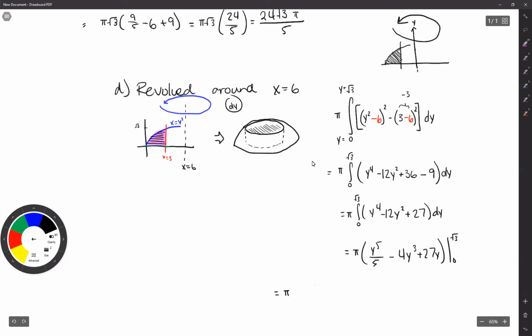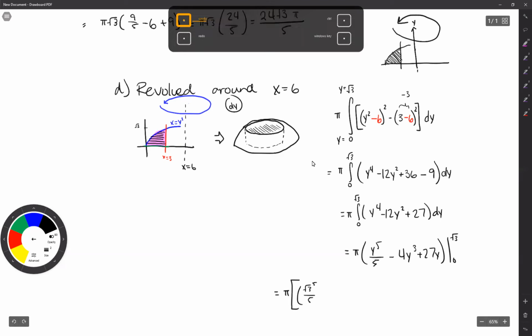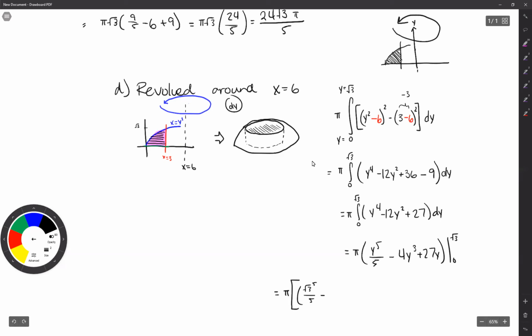Let's keep that pi on the outside. So let's plug in square root of 3. Square root of 3 to the 5th over 5 minus 4 square root of 3 cubed plus 27 square root of 3. Okay, that's for plugging in square root of 3. For plugging in 0, we're going to get 0 minus 0 plus 0.